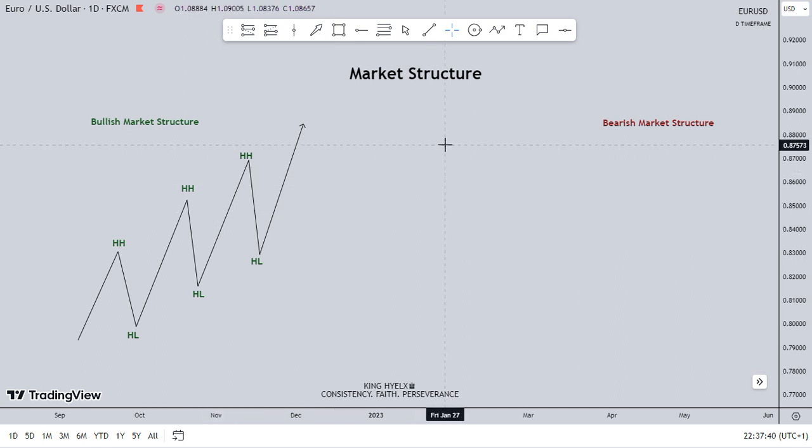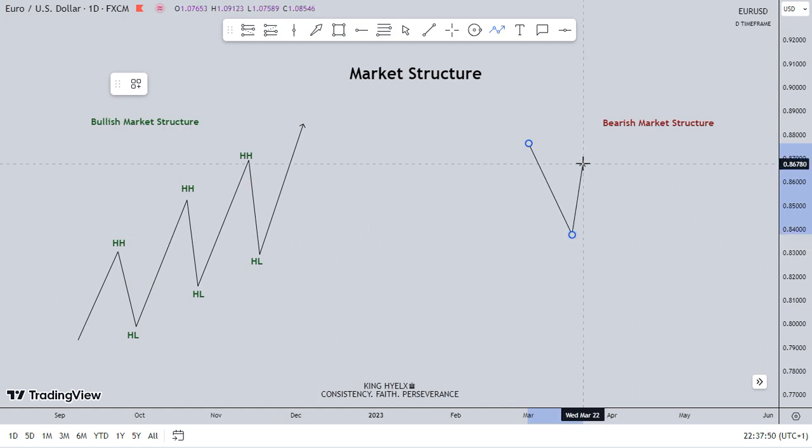Now what about bearish? In the bearish market structure, price keeps forming what? You should guess it by now: lower highs and lower lows. So this is what it looks like.